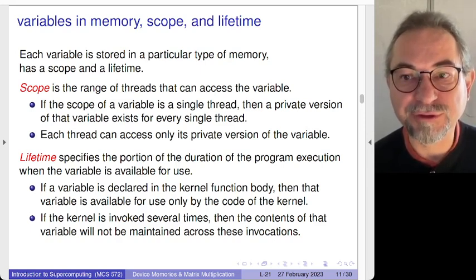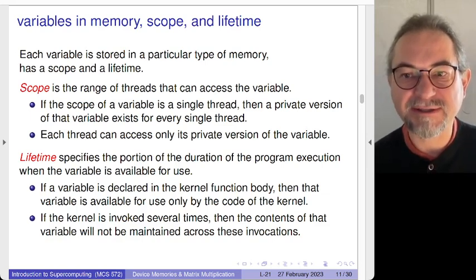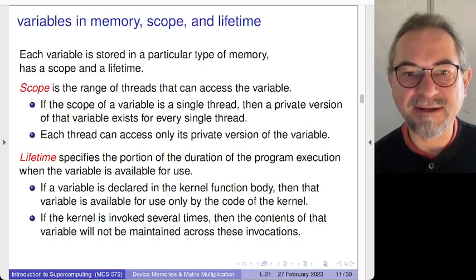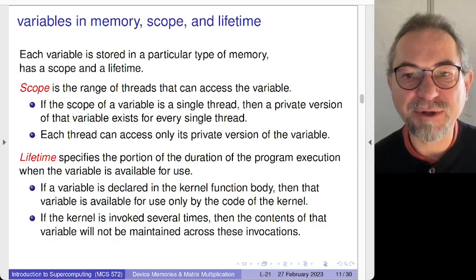Data parallelism can only happen if you have data independence. So avoid that threads write to the same or read from the same location in shared memory, and the same for global memory.